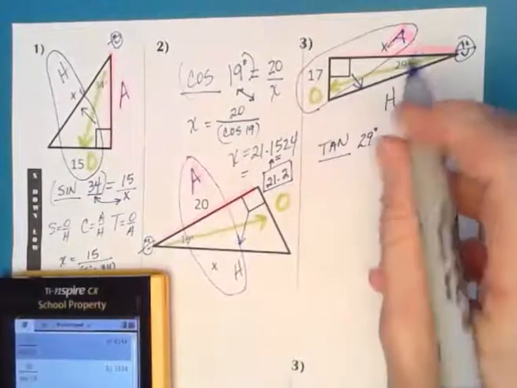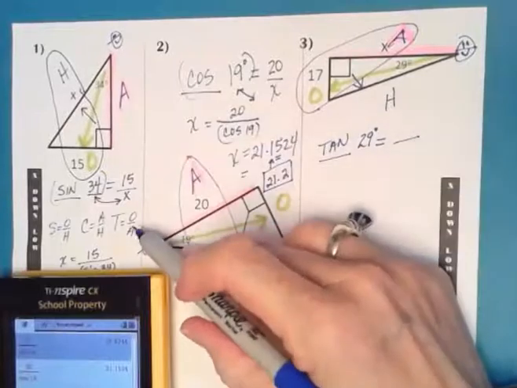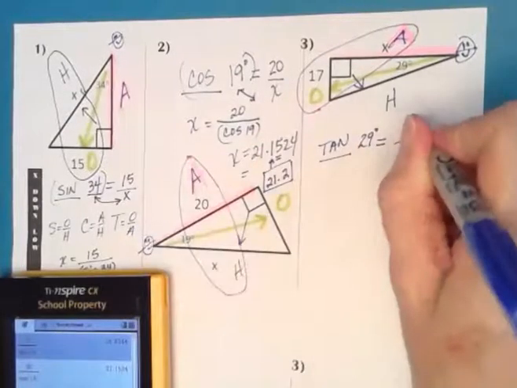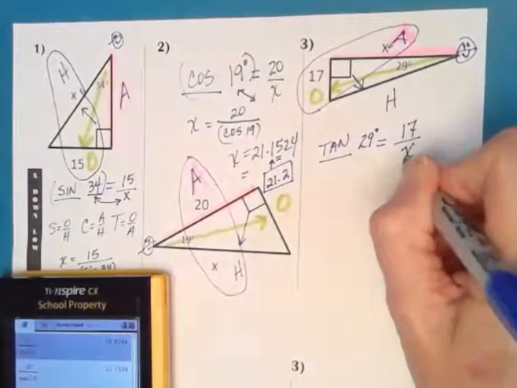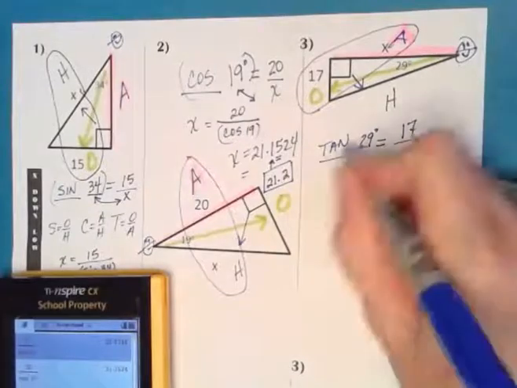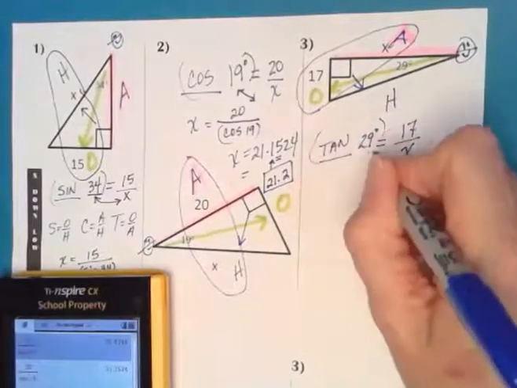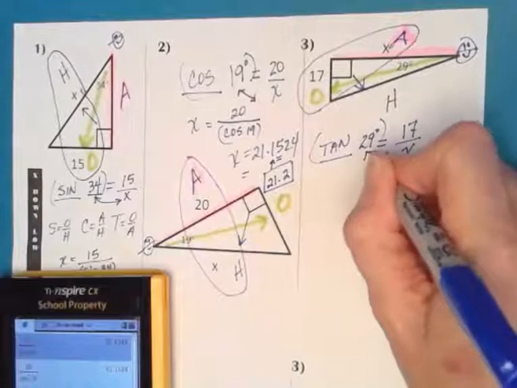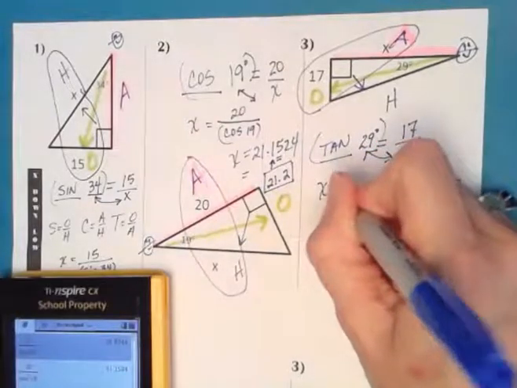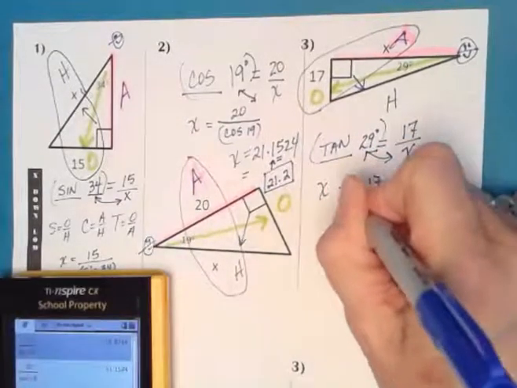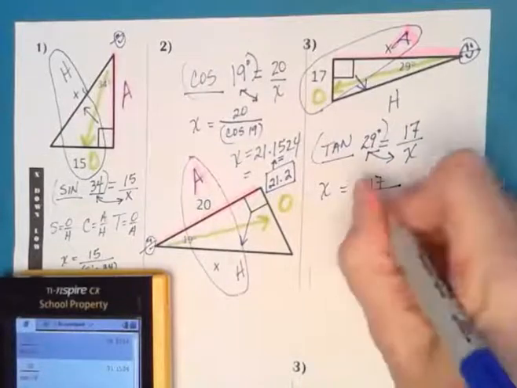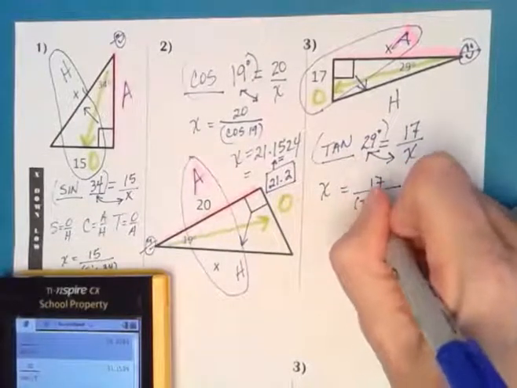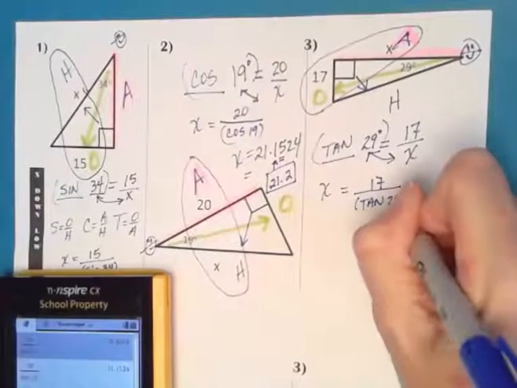So the tangent of angle 29 will equal the length of the opposite, which is 17, over the adjacent we don't know. X is down low, so the angle information in x will switch, you know, and x will equal 17 divided by, so I'm using the fraction bar for the divided by, tan 29.